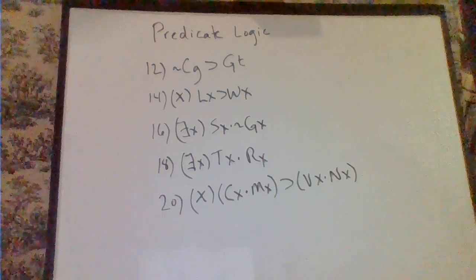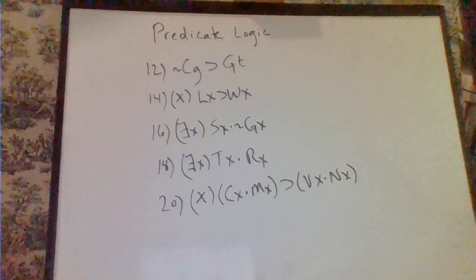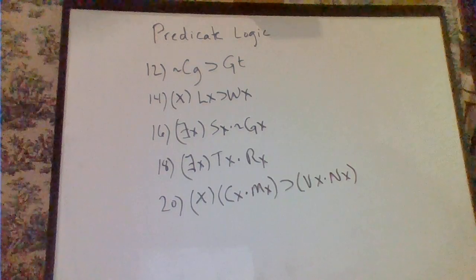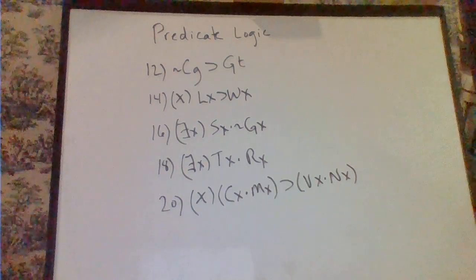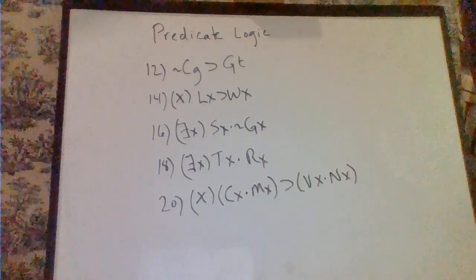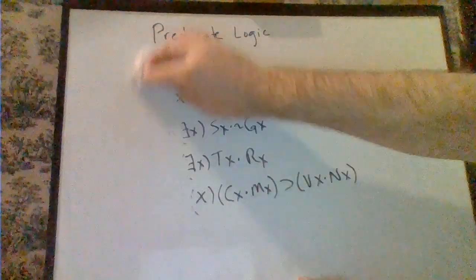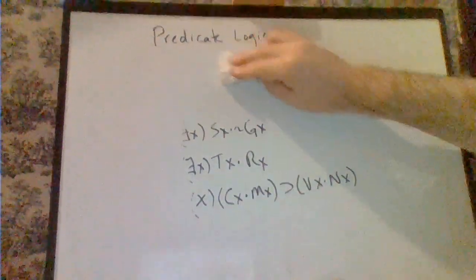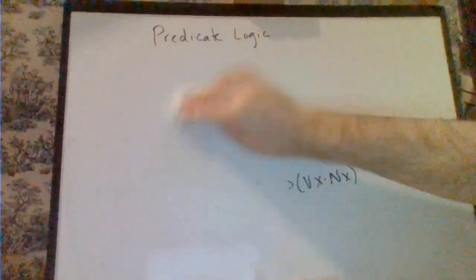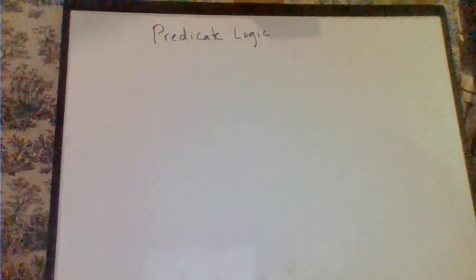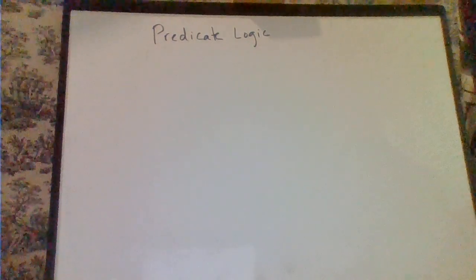So now we want to go ahead and move on to 8.2. In section 8.2, we're working proofs, just like we did back in chapter 7 with propositional logic, only this time we're dealing with it with predicate logic.